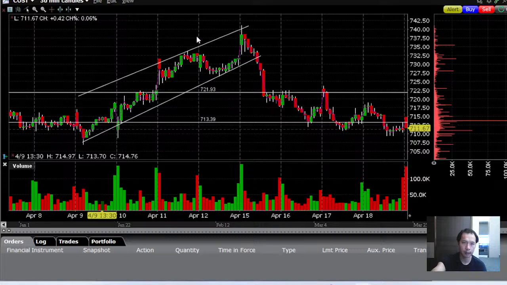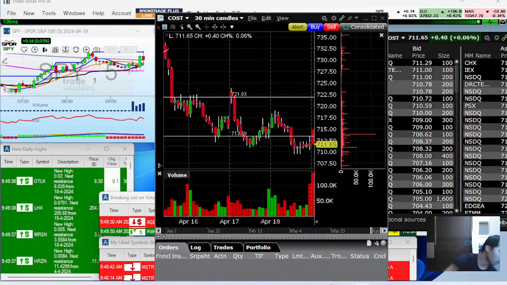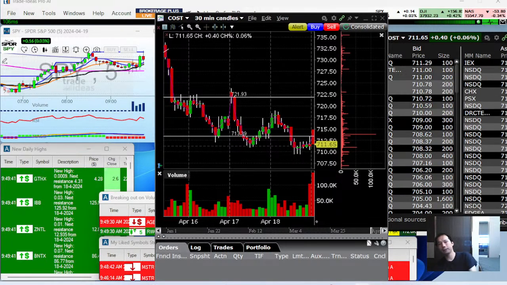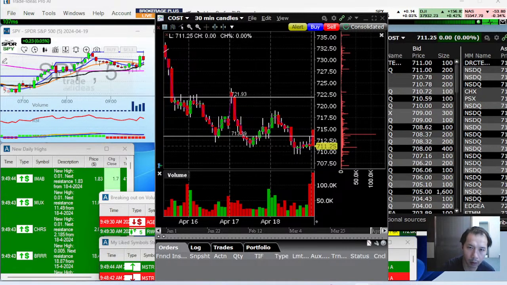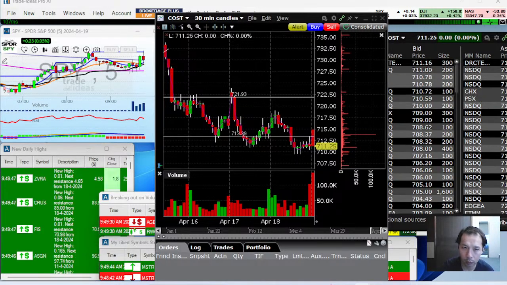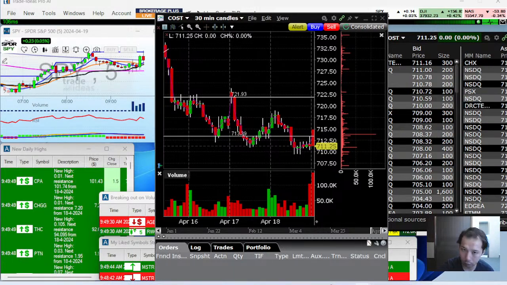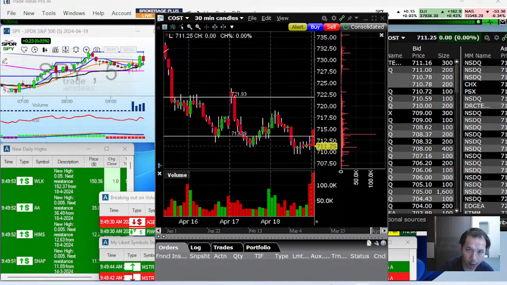You can clearly see that had we had better economic data, targeting consumer spending, obviously the stock would continue its upward trajectory. So we're stuck at this time where we're just trying to adjust our trading strategy on this stock.